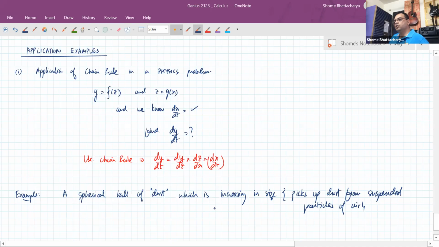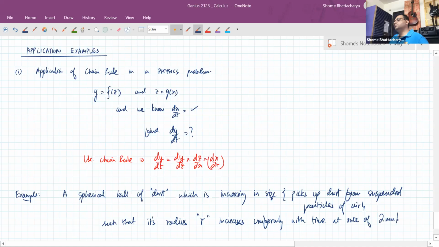So we have a spherical ball of dust which is increasing in size such that its radius, let's say r, increases uniformly with time, at the rate of, let's say, 2 millimeters per second.